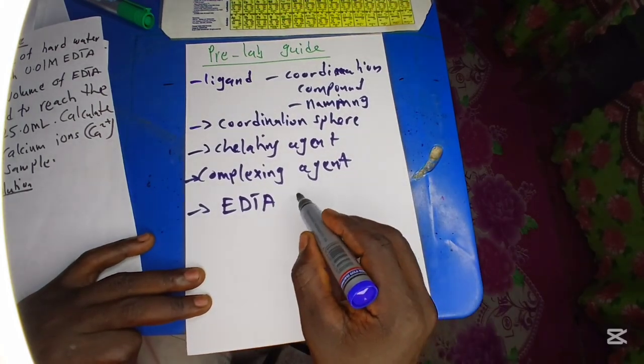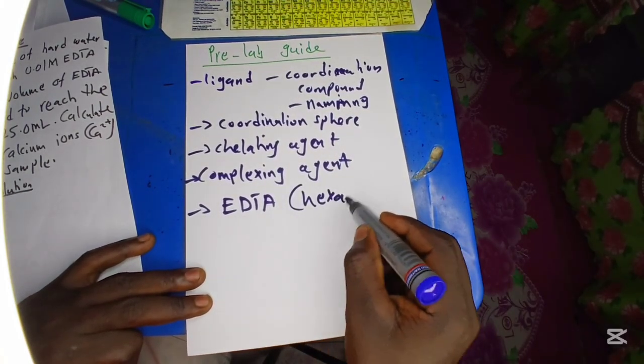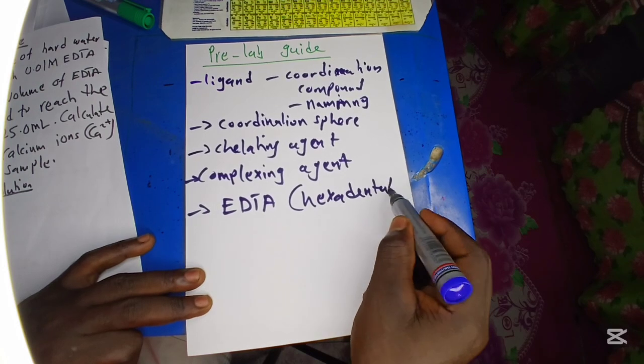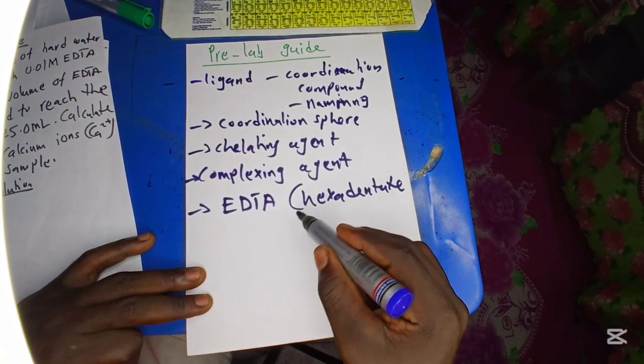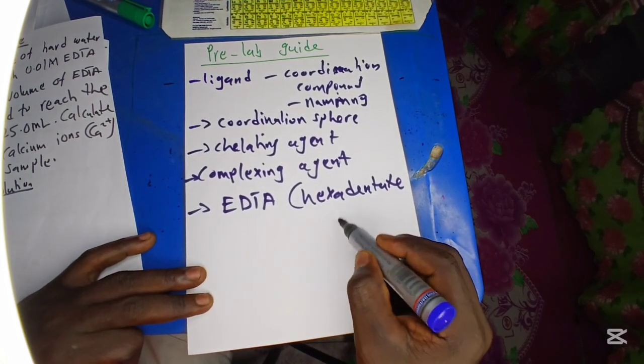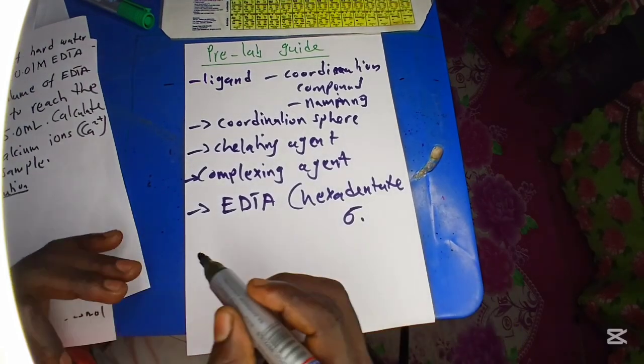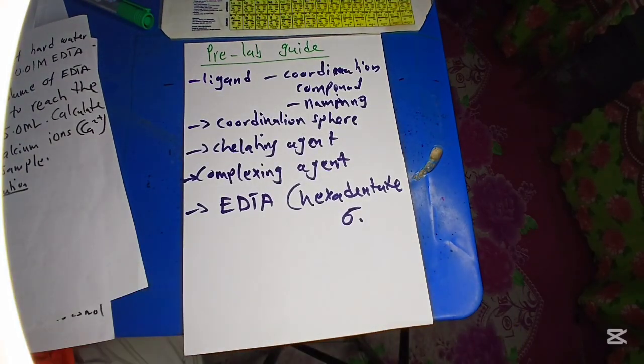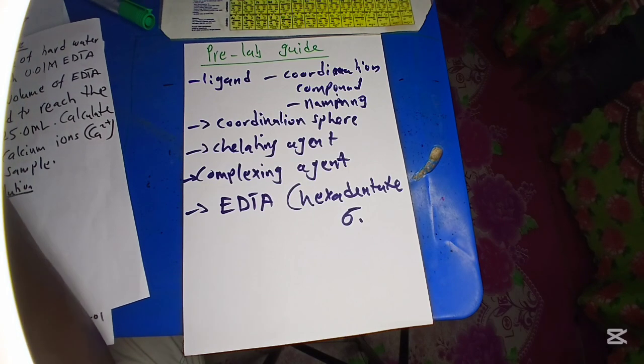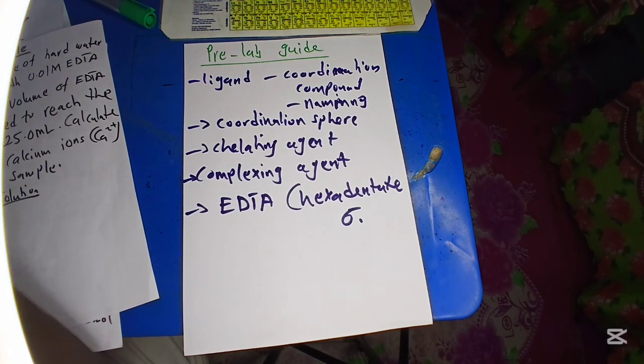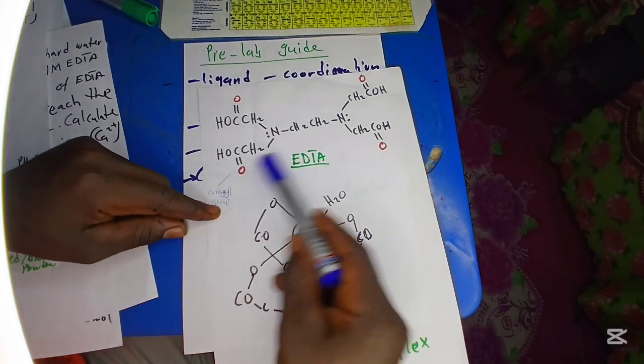So that is why it is called a hexadentate ligand. And you should know the structure of EDTA, I think it will also help you for your lab. And this is the structure of EDTA.